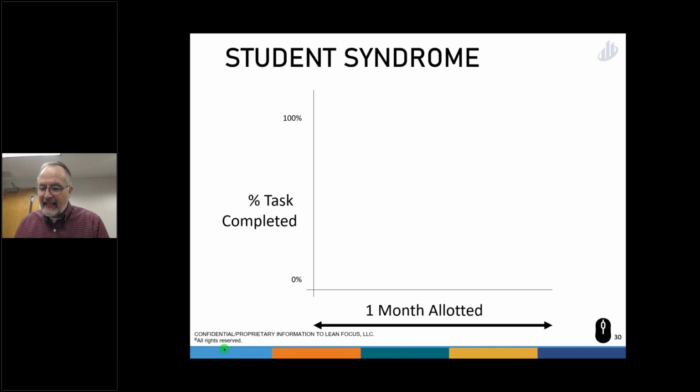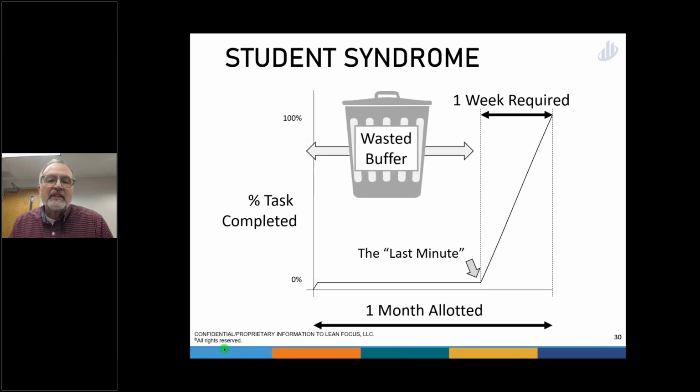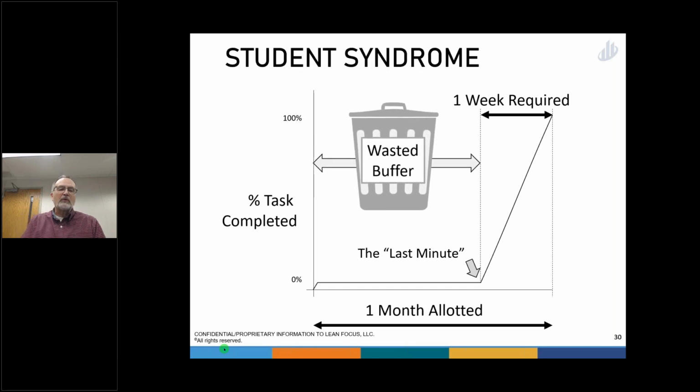I have a task. I allow myself a long buffer. I allow 1 month to complete it. I know it really only takes a week to do it, so I wait till 1 week before to start. It's called the student syndrome for the obvious reason. But do you see the buffer is completely wasted? We had 3 weeks of buffer in this schedule. It did nothing to protect our schedule.